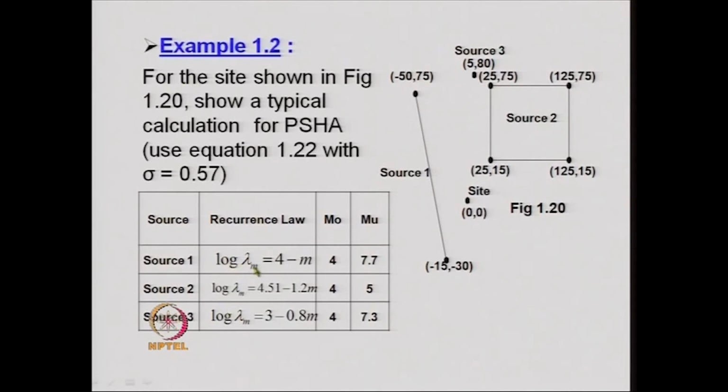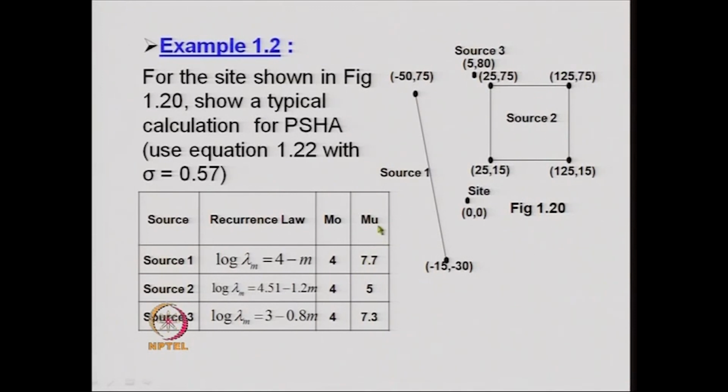So, this is the average rate of exceedance of an earthquake of magnitude m. It is equal to 4 minus m for source 1, 4.51 minus 1.2 m for source 2, and 3 minus 0.8 m for source 3. The minimum value of the magnitude of earthquake is considered as 4.